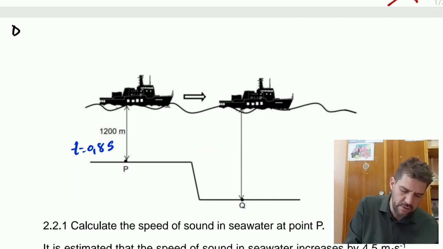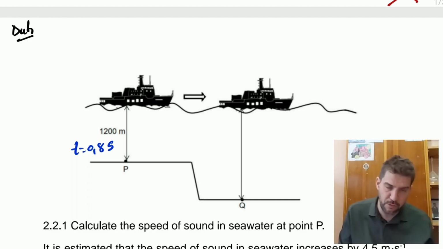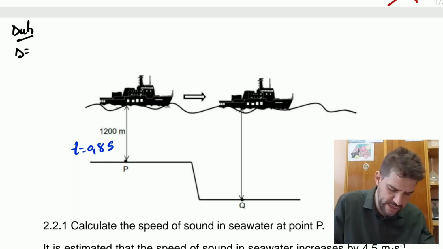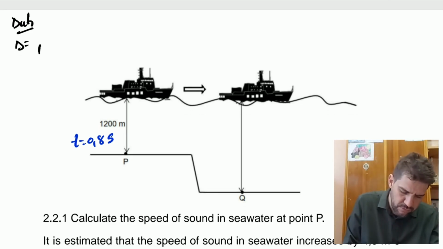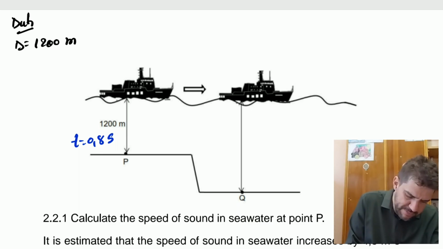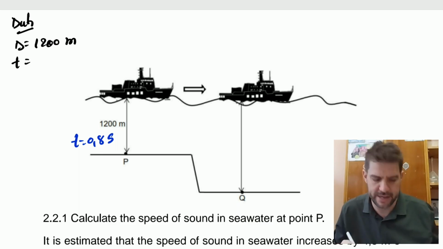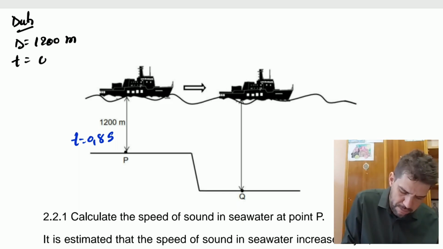So data, and this is question 2.2.1. Data. What data we have? The distance that is going to travel that sound in the water is 1,200 meters. The time taken for covering that distance up until the bottom of the sea is going to be 0.8 seconds. And then you're looking for speed.